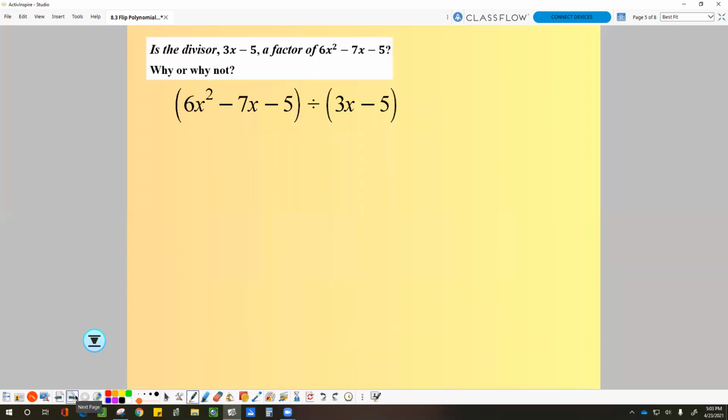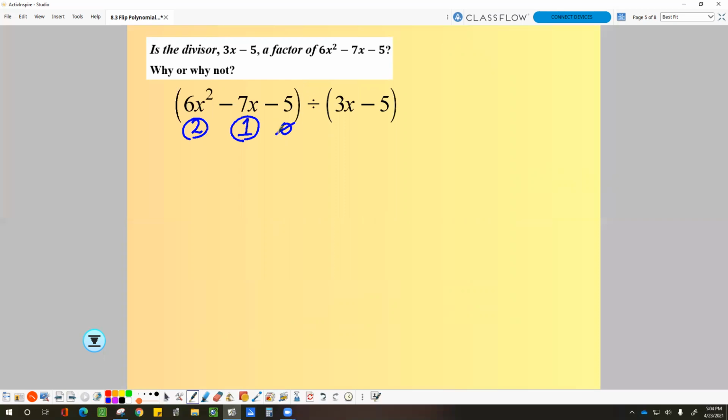Please write this problem down. 6x squared minus 7x minus 5 divided by 3x minus 5. To work this problem, the first thing I do is determine whether I'm missing any of the degrees and make sure that the expressions are in standard form. 6x squared is degree 2, minus 7x is degree 1, minus 5 is degree 0.